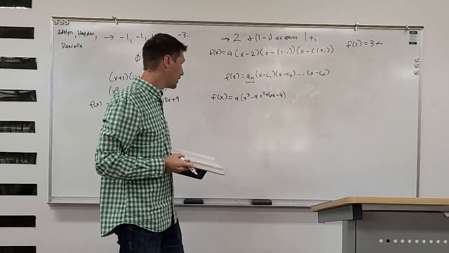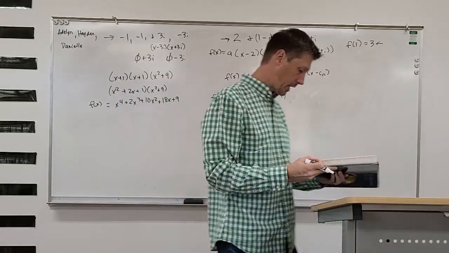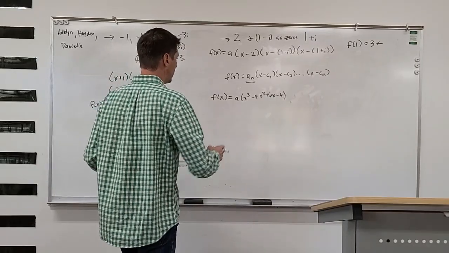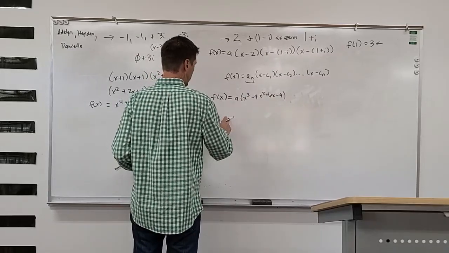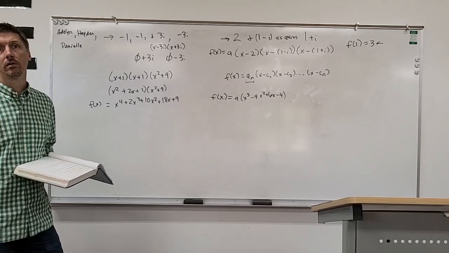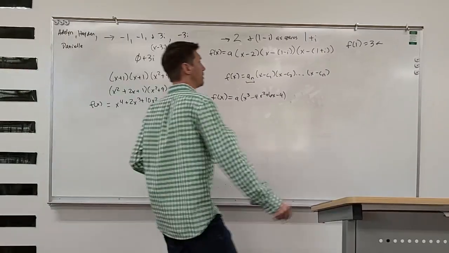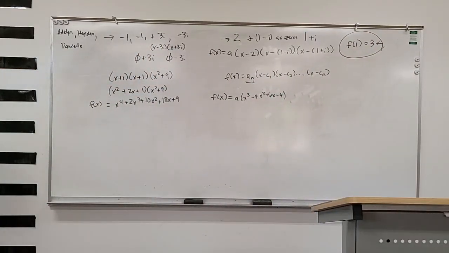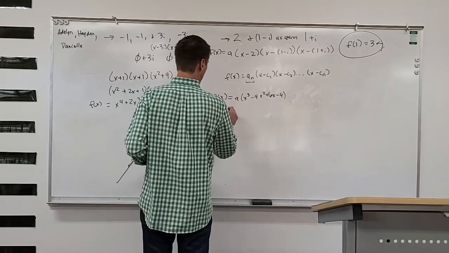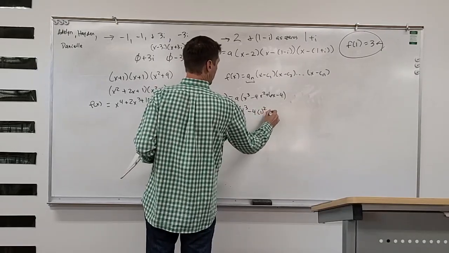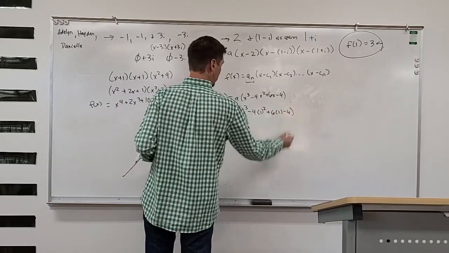Okay? So how do I figure that out? Well, I'm going to take this function here, and I'm basically going to plug in 1 for all my x terms, and what should I get over here for f of x? If I'm trying to find one that matches this, if I plug in 1 for x, what should f of x be? 3, right? So I could rewrite this and say 3 equals a times 1 cubed minus 4 times 1 squared plus 6 times 1 minus 4.